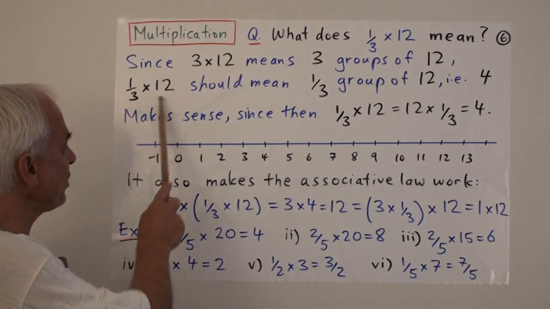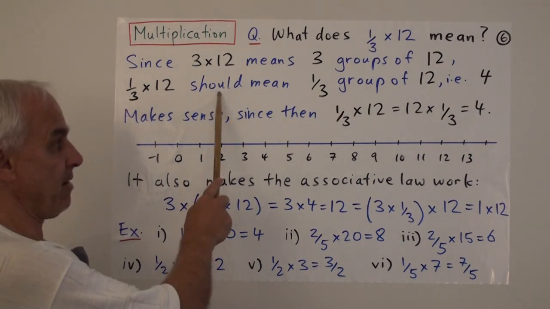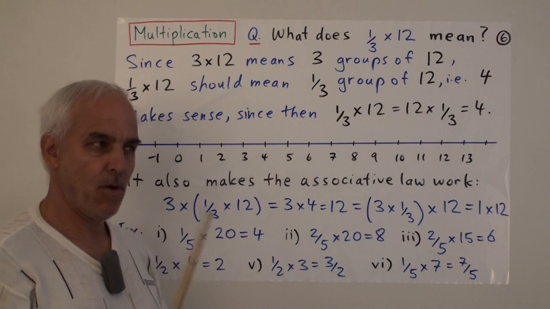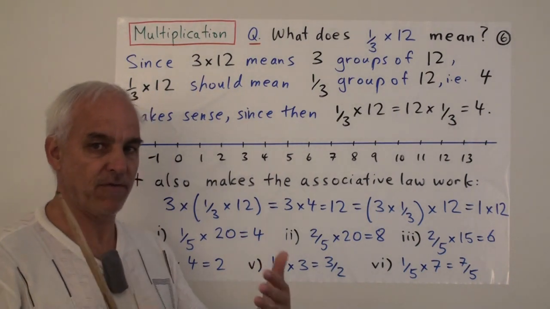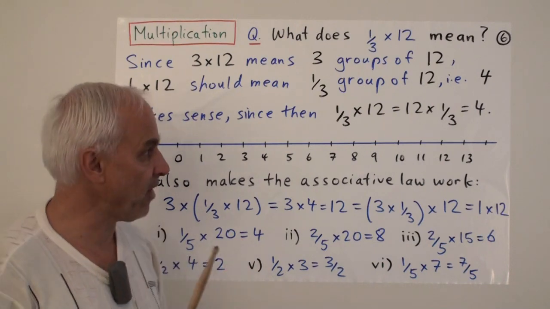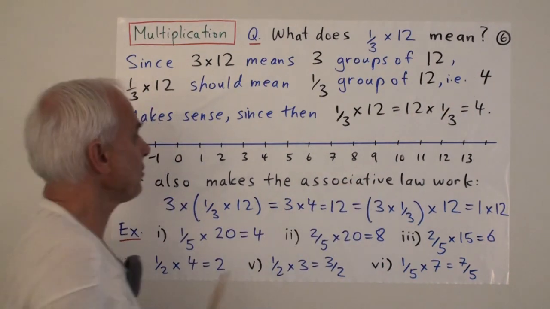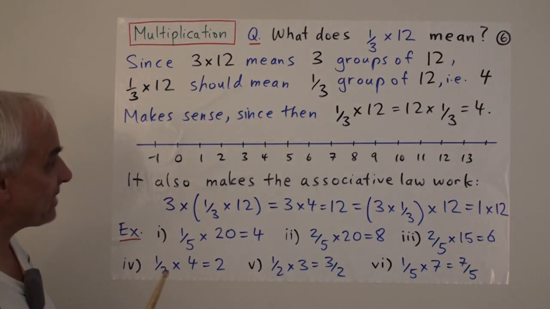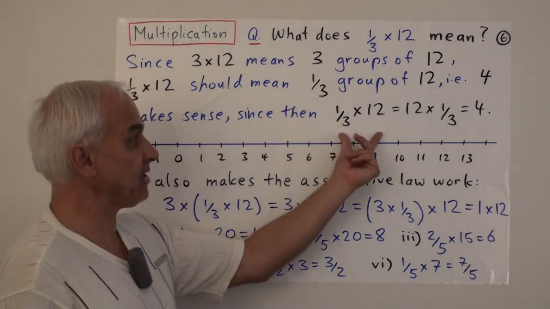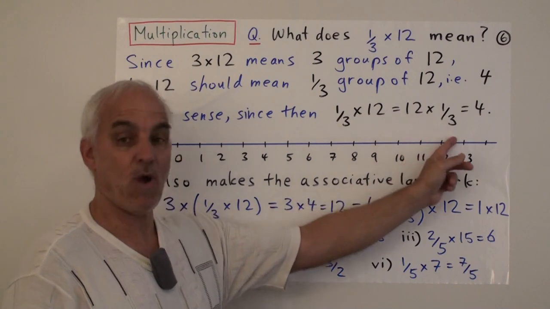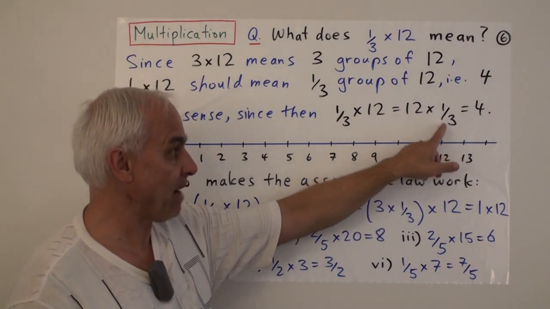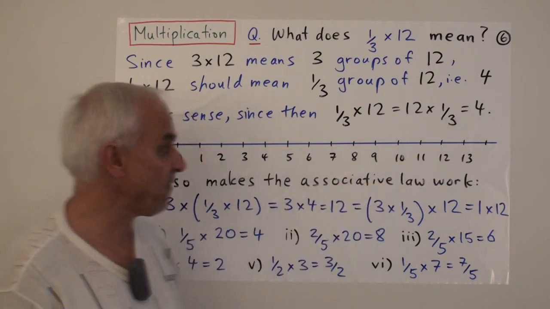So 1/3 times 12 should mean 1/3 of a group of 12. Not 3 groups of 12, but 1/3 of a group of 12, which is 4. This makes sense because 1/3 times 12 really ought to be the same as 12 times 1/3, and we have already talked about what 12 times 1/3 is. It is 4.